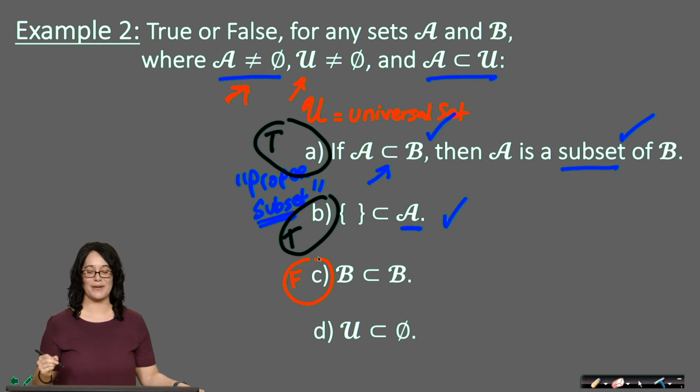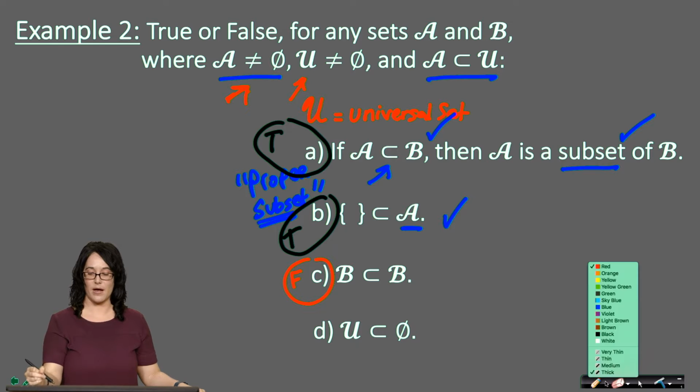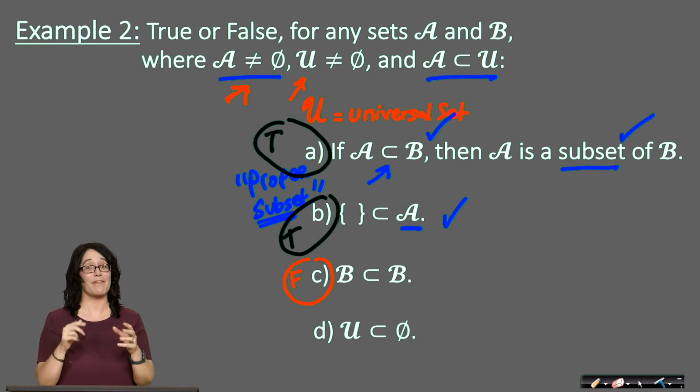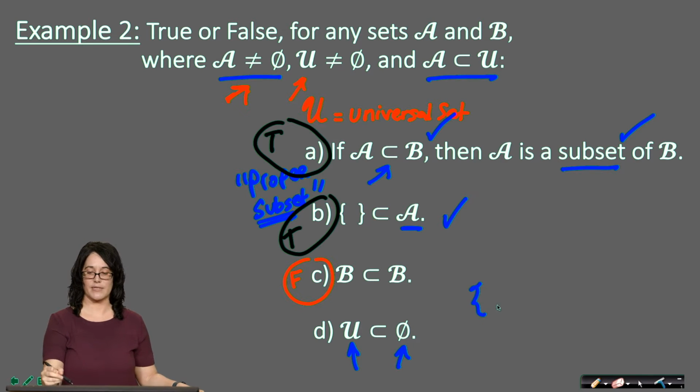All right, one more part to this example. Here we go. It says the universal set is a proper subset of the empty set. So that would mean, go back to the definition, that to be a proper subset, every element in the set on the left must be contained in the set on the right. So let's say that your universal set has a lot of elements.